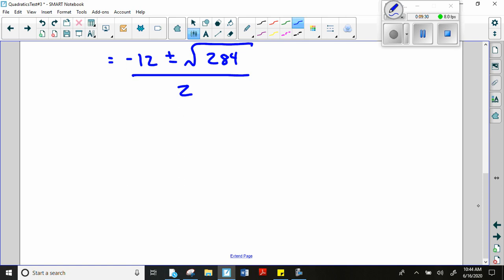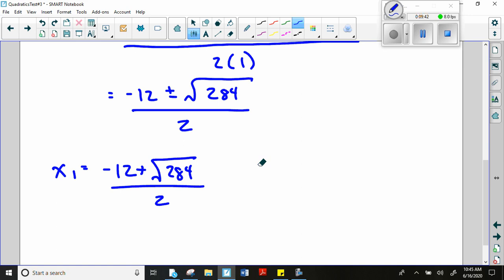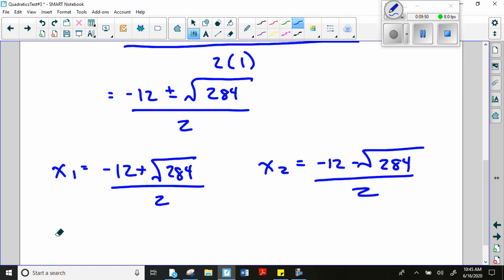I tried doing the square root of 284. She's not nice. So let's go. X1 is negative 12 plus the square root of 284, divided by 2. And the x2 is negative 12 minus the square root of 284, divided by 2.